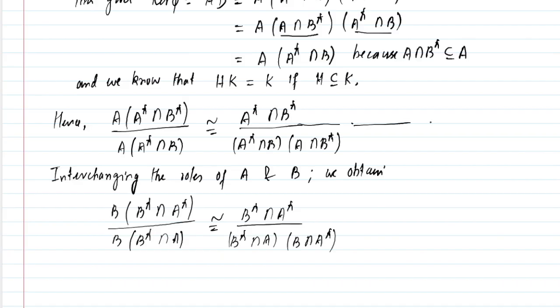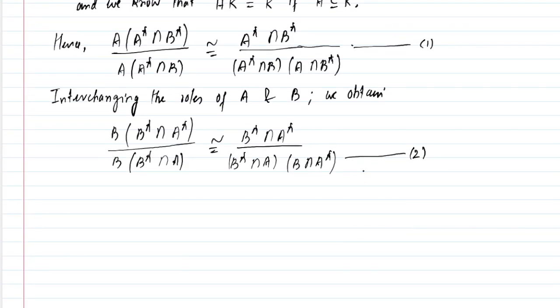Now let's name this as equation number 1, and let's name this as equation number 2. Now if we compare equations first and second, we can see that the right hand side is exactly identical in equation first and equation second. So therefore the left hand sides must be isomorphic.